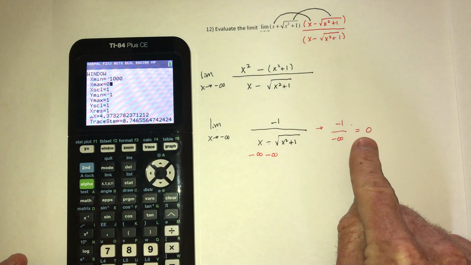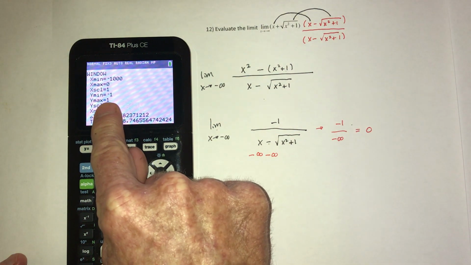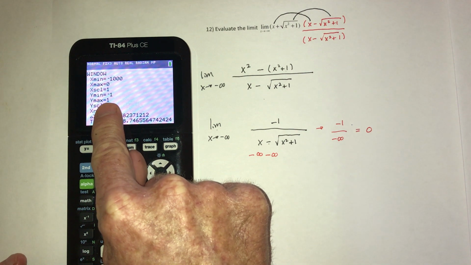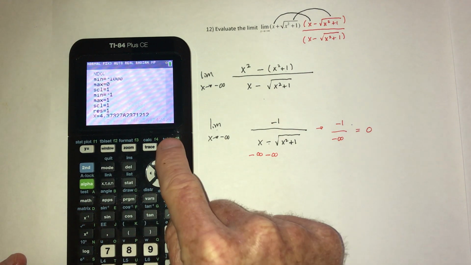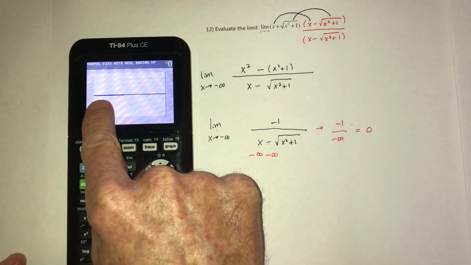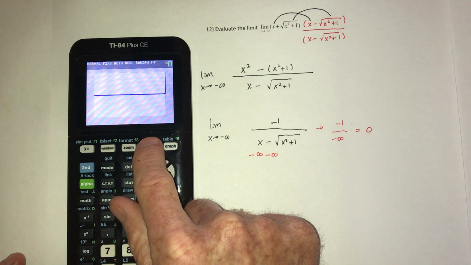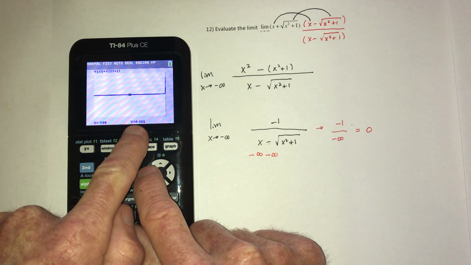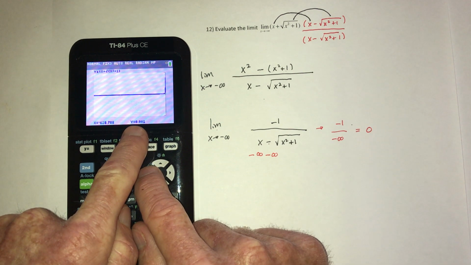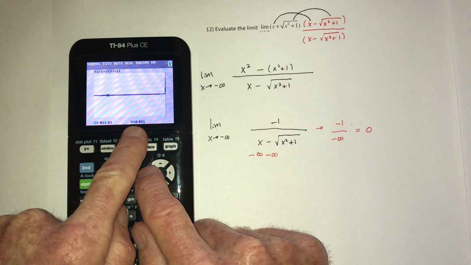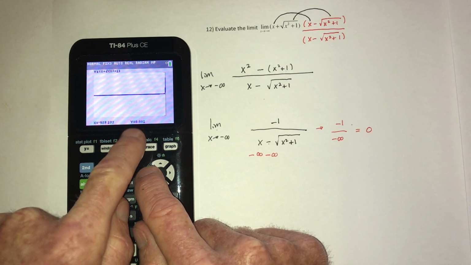And since I got the answer 0, then my y values should include 0. So negative 1 to 1 looks good. And then graph. And you can see the function right here is very, very close to 0. And you trace, and you can see that the answer is very close to 0. And as I follow it out to the left, farther and farther, that's going to become 0.